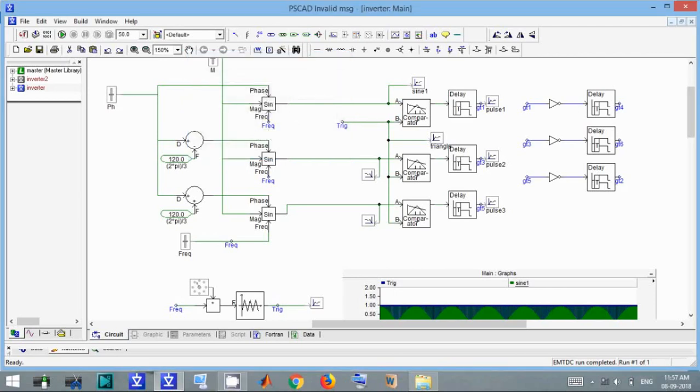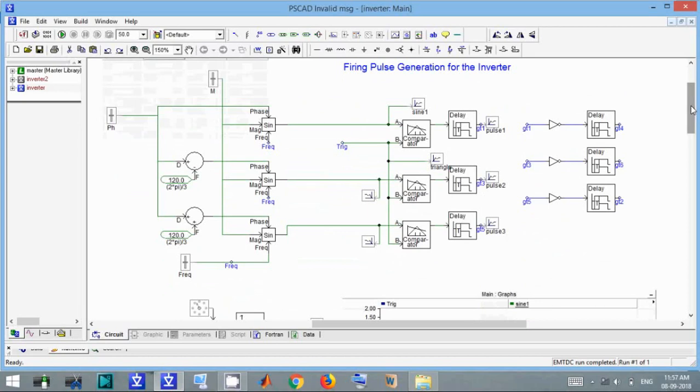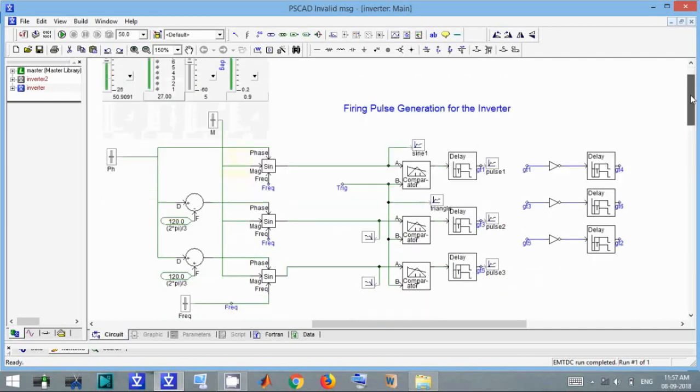The frequency is nothing but our fundamental frequency, that is 50 hertz. Phases are given. Suppose this is a 5-degree phase, started with 5 degrees.